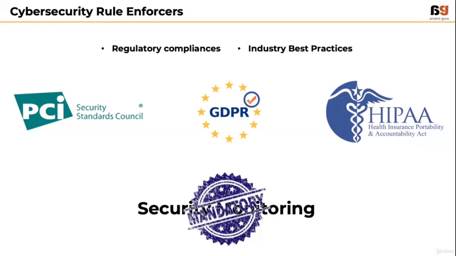They take care of regulatory compliance and ensure that products follow industry practices. These are PCI, GDPR, HIPAA, secure monitoring, and of course they had to make it compulsory, and that's why people started paying attention to securing their products.